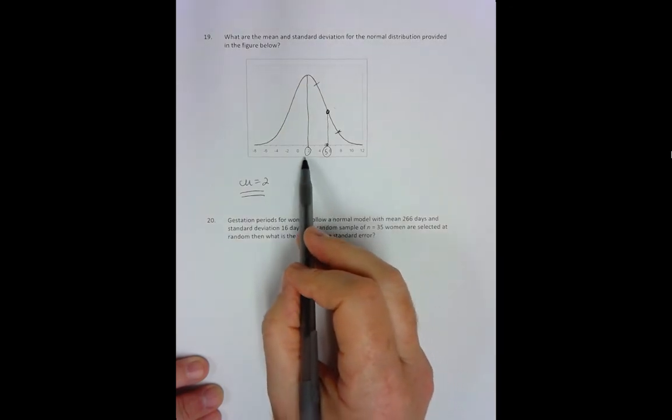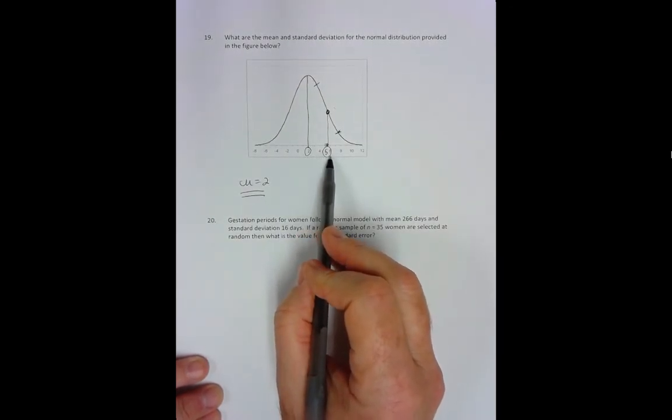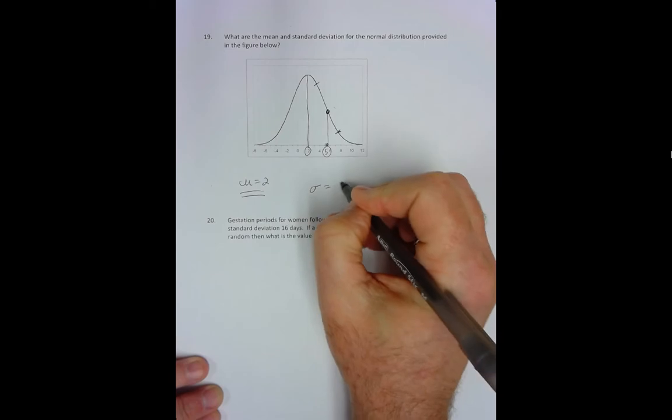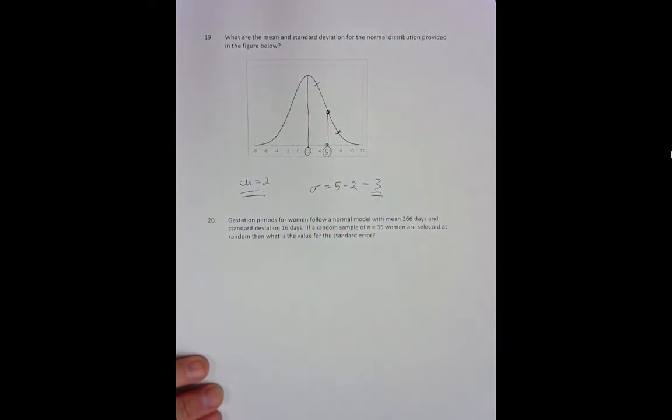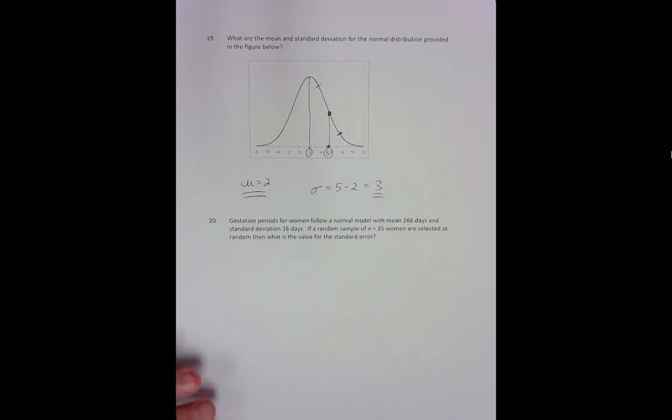Well, the distance between the mean and that value is the standard deviation. So I would approximate this to be a mean of 2 and a standard deviation equal to 3.